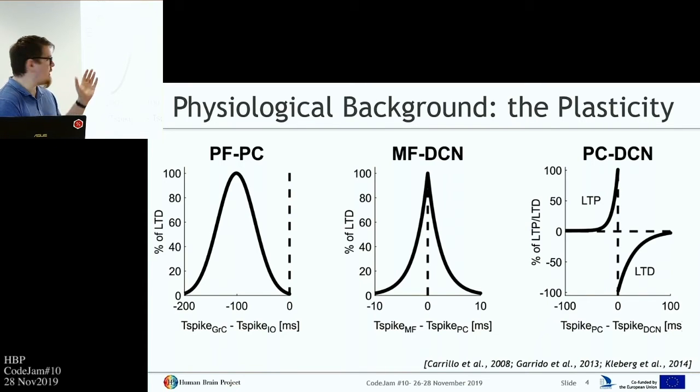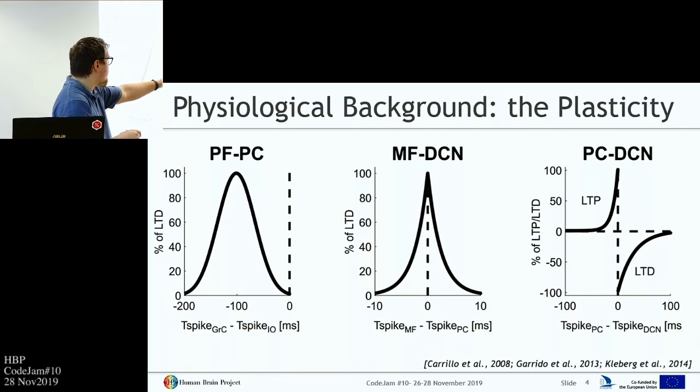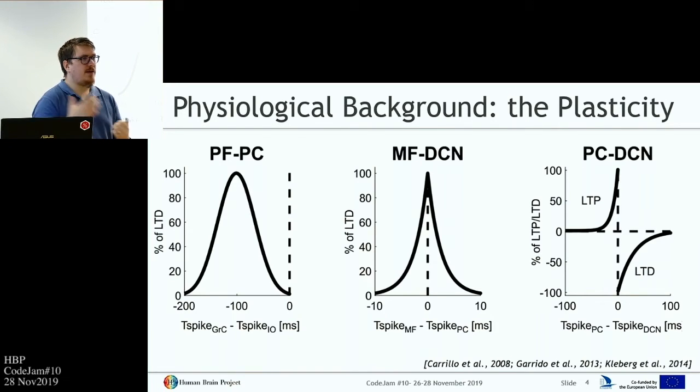So here we can see the amount of LTP and or LTD that depends on the spike timings of the pre and the postsynaptic neurons. And in the first two cases, we have heterosynaptic plasticity.